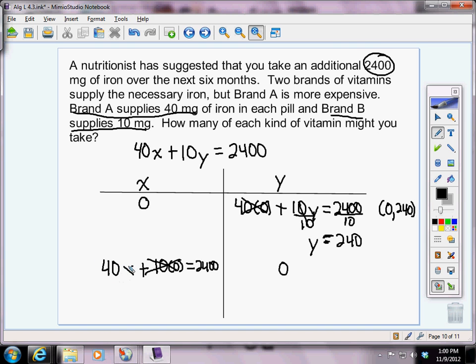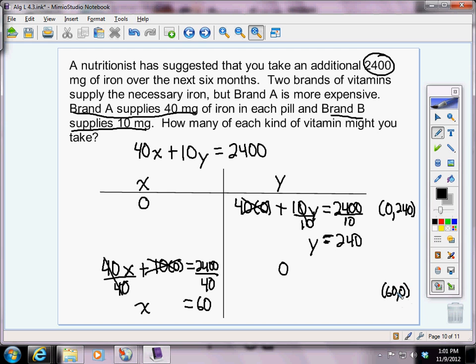Apologize for that. 40 times x from our equation here, plus 10 times 0 equals 2,400. Our 0 still cancels out the 10, and we're going to divide both sides by 40. That gives us x equals 60. So now we have the point 60, 0.